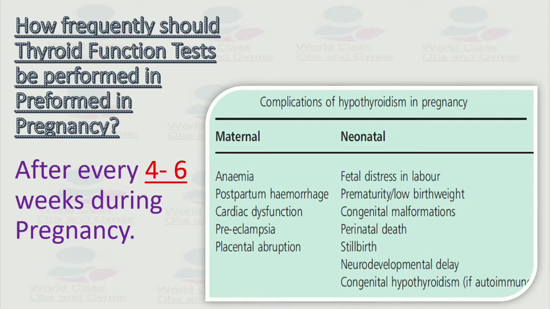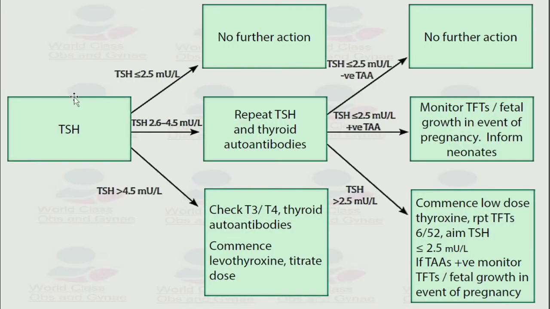Now this chart is very important because it shows what action we need to take in pregnancy depending upon the TSH level. This chart is basically from the TOG article and we have to memorize it. If TSH is less than or equal to 2.5 milliunit per liter, then we don't have to take any sort of action.